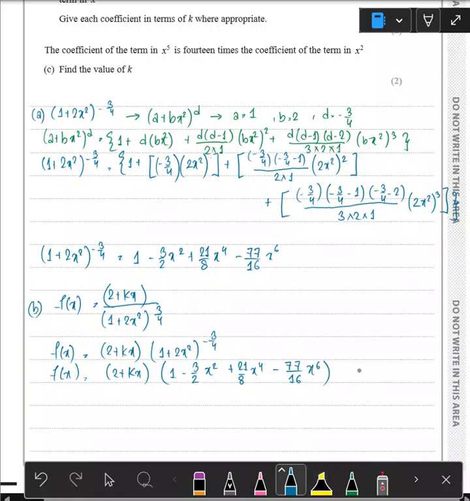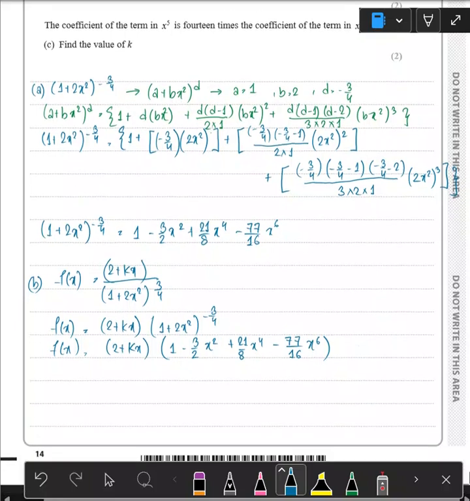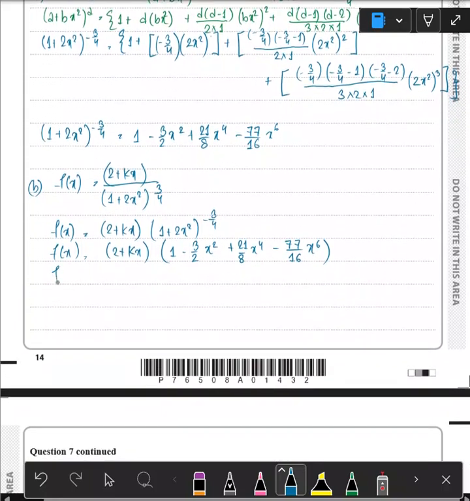Okay, now we have to multiply 2 with all this, and then after doing that we have to multiply kx with all this up until we get the x to the power 5.